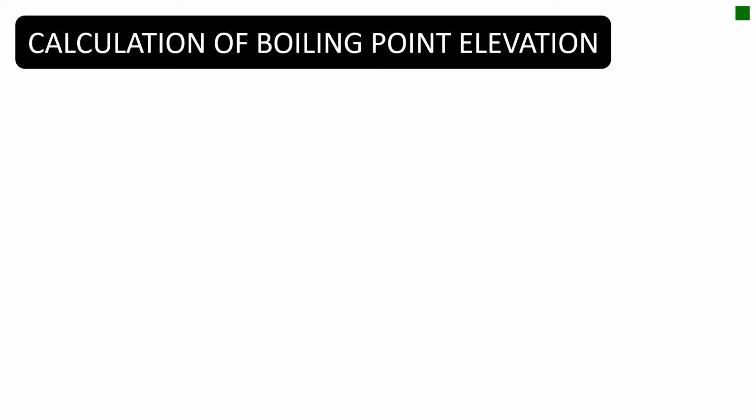So this property of boiling point elevation can be quantified, meaning that you can determine it experimentally, or you can calculate it depending on the experimental data that you are given.